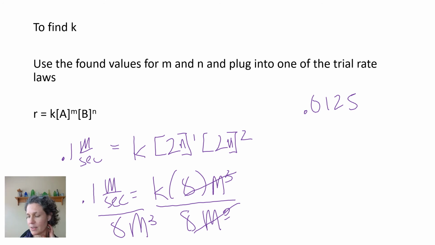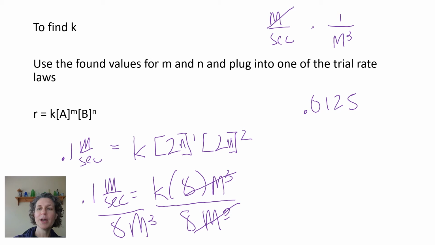This is just kind of how I always work it. These units are molar per second over molar cubed. Remember, when you have fractions and they're dividing, basically what happens is you have molar over seconds times 1 over molar cubed.